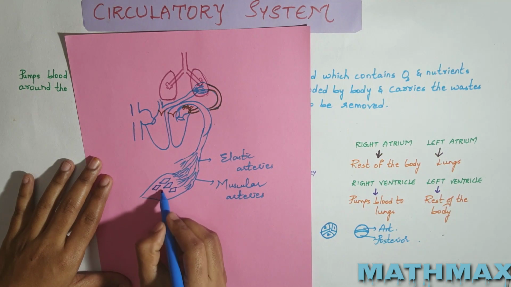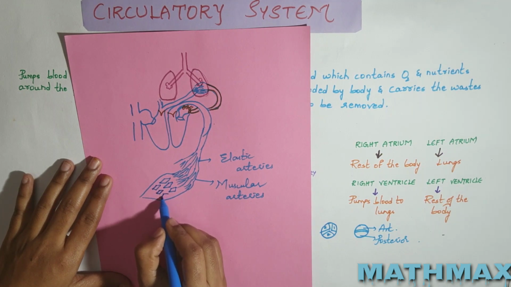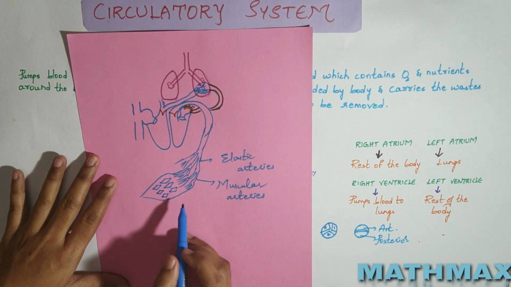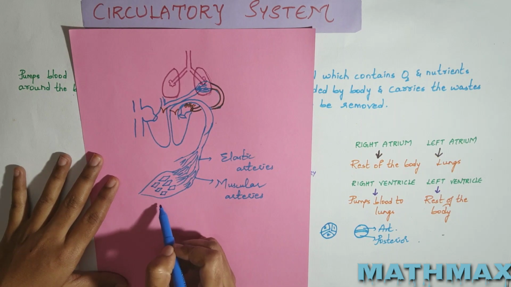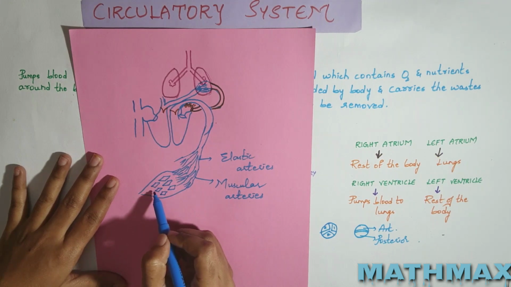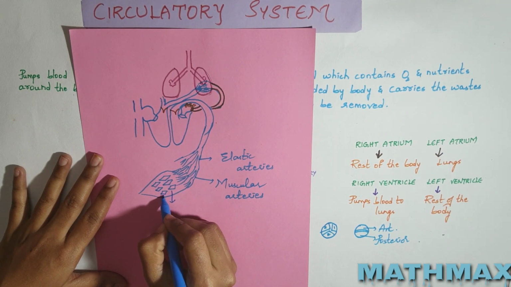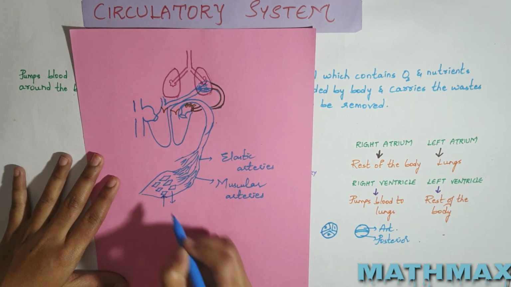where the exchange occurs. Oxygen, antibodies, nutrients, hormones present in the blood moves to the tissues, and the carbon dioxide and the metabolic waste, they enter into the circulation.